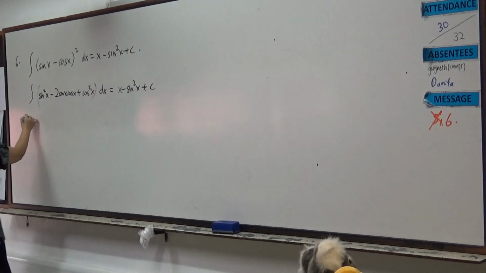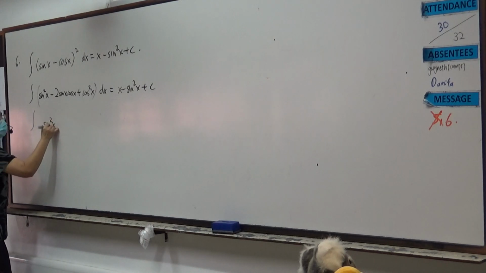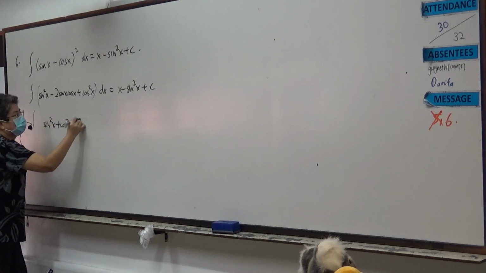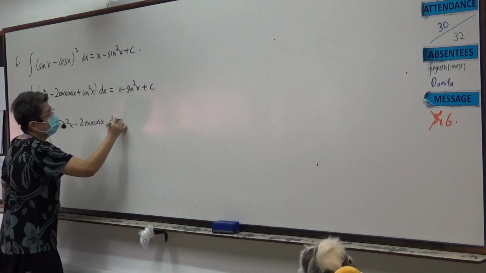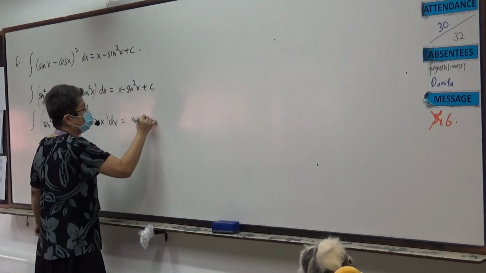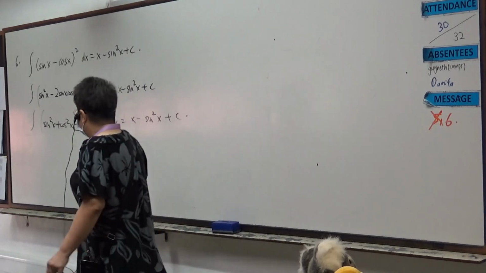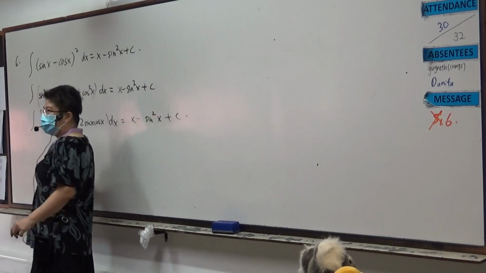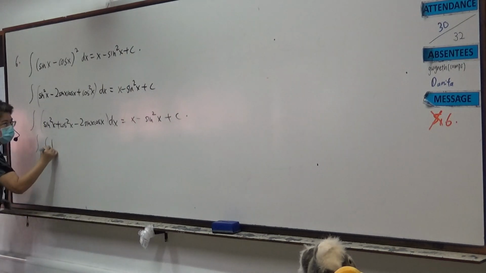Now, some people don't know how to do this. So this one will be, okay. Now, what is sine square x plus cosine square x? 1, right. So this is actually 1 minus.